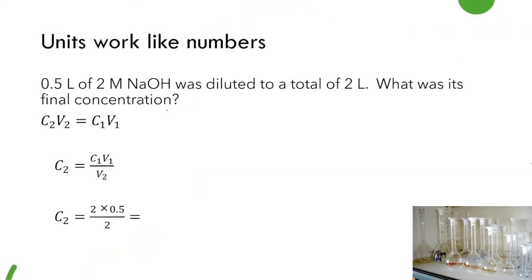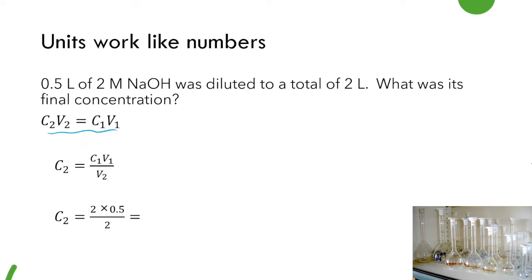For this first example, we'll go through what's probably a pretty familiar calculation, but we'll do it in two different ways. The question asks, 0.5 liters of 2 molar sodium hydroxide was diluted to a total of 2 liters. What was its final concentration? So you've probably seen C1V1 equals C2V2 or C2V2 equals C1V1, same idea.